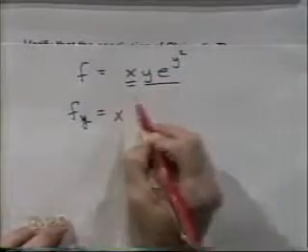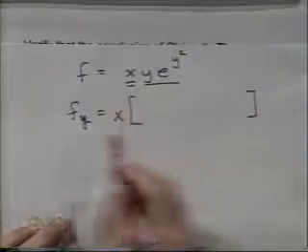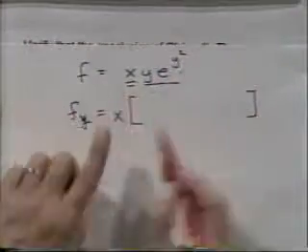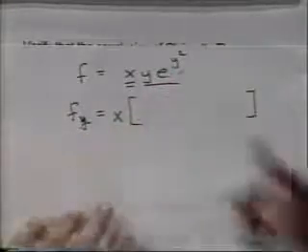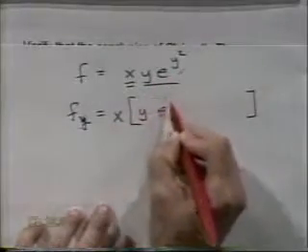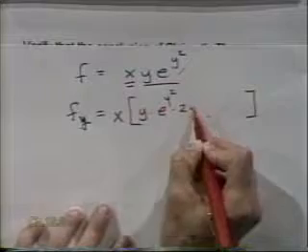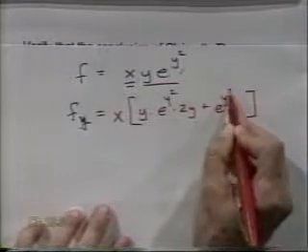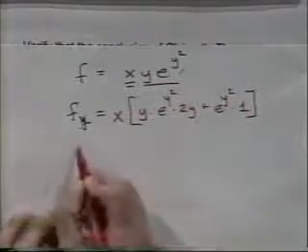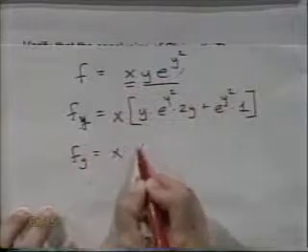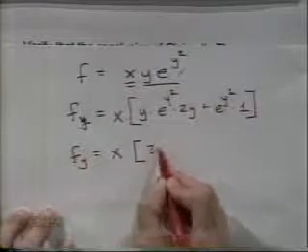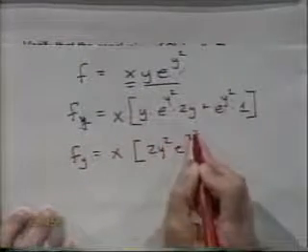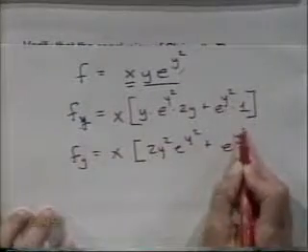Taking out my constant, since I'm differentiating with respect to y, I have to differentiate this because it's a constant times a function. So it's a constant times the derivative of the function. So it's the first times the derivative of the second plus the second times the derivative of the first. So I have fy equals x times 2y squared e to the y squared plus e to the y squared.